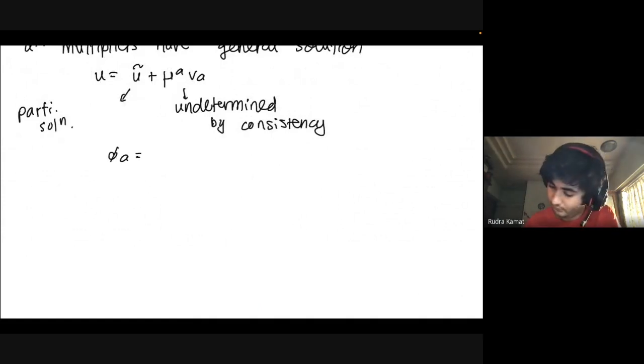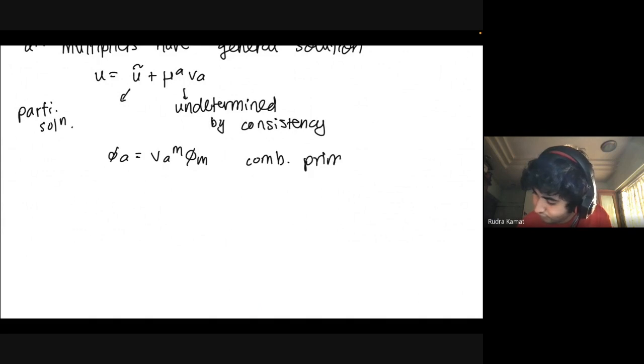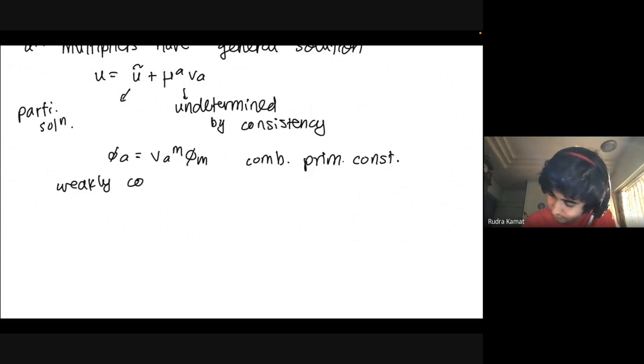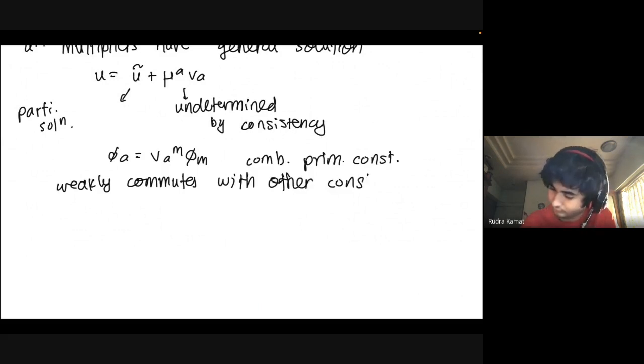Phi a, v a m phi m, a combination of primary constraints, weakly commutes with other constraints under Poisson bracket, of course.